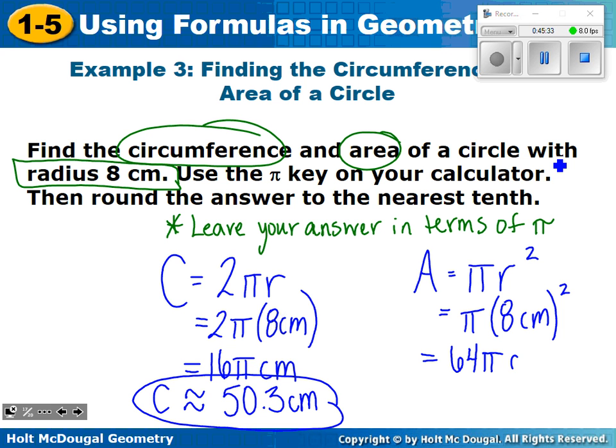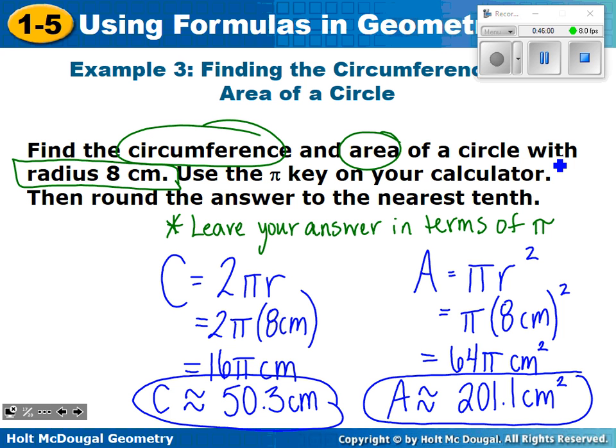So this would be 64 pi centimeters squared. If it said leave in terms of pi, it doesn't, so we're going to round it, plug it in on your calculator, nearest tenth. Okay, I'm hearing 201.1. Everybody agree? 201.1 centimeters squared. Don't forget your units if they give you units.